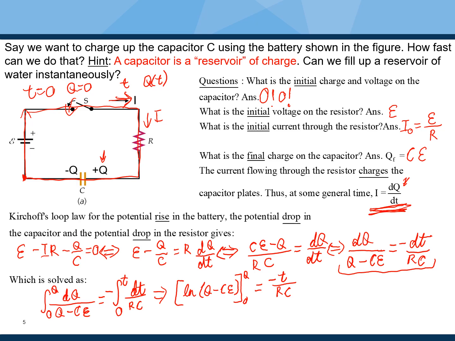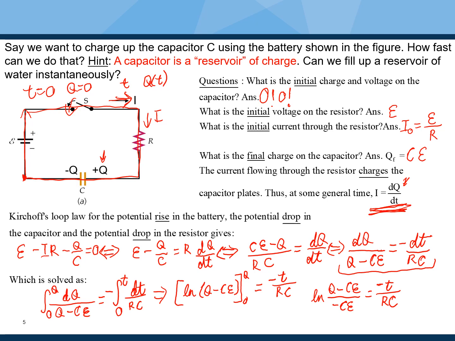So we can write this as natural log of [(Q minus C times E) divided by (minus C times E)] is equal to minus t divided by RC. And now the obvious thing to do is to take the exponentiation on both sides, so as to get rid of the natural log.